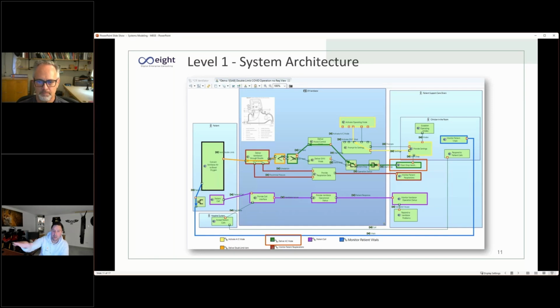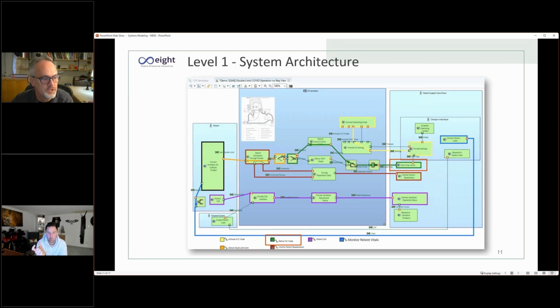So you see the functional chain from the clinician through the system to the patient. It's the first level out of three: the system architecture. The second level is the logical, and the third will be the physical. But let's move on to the second level.